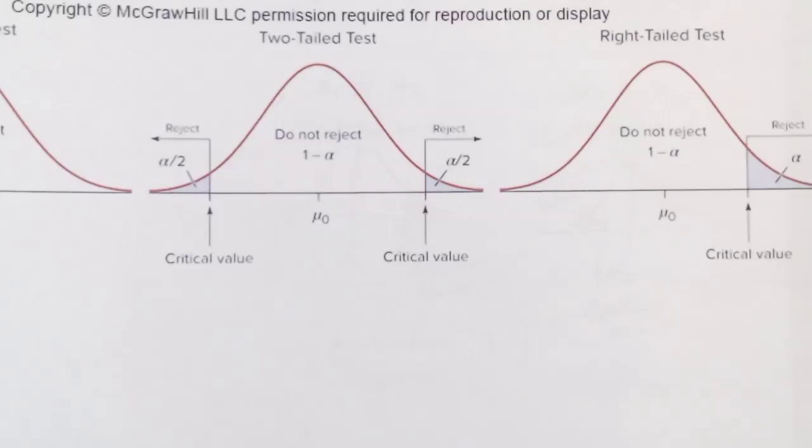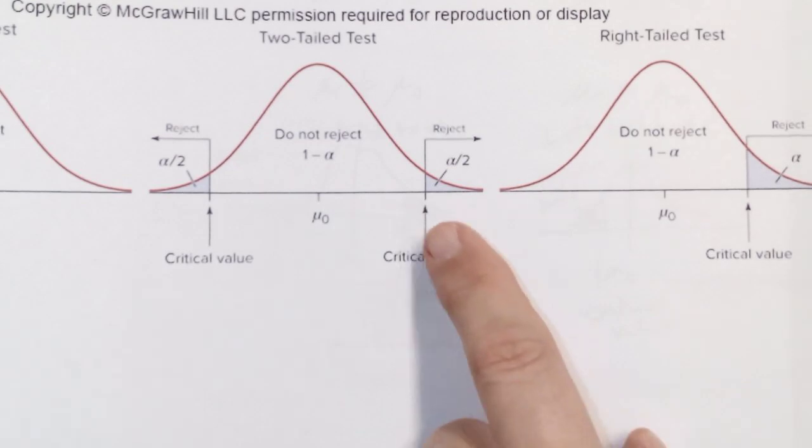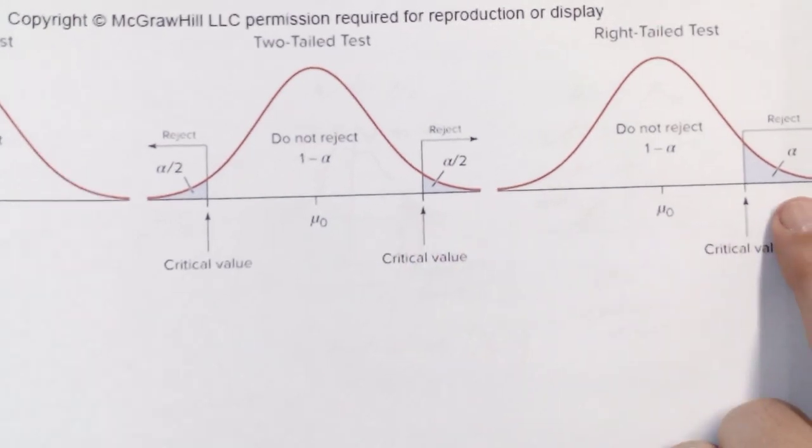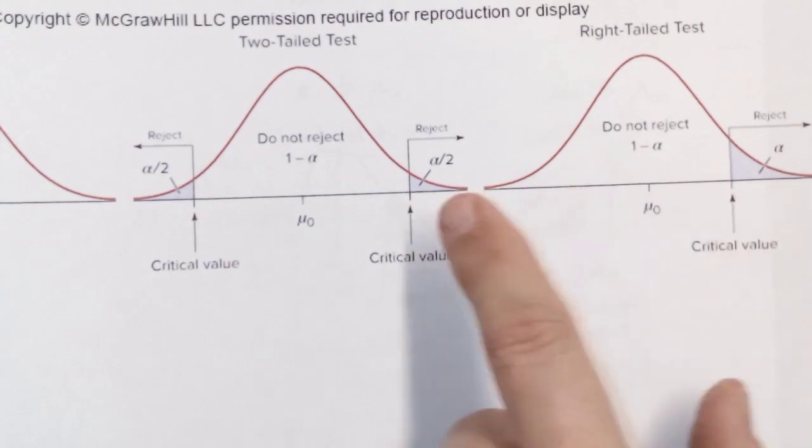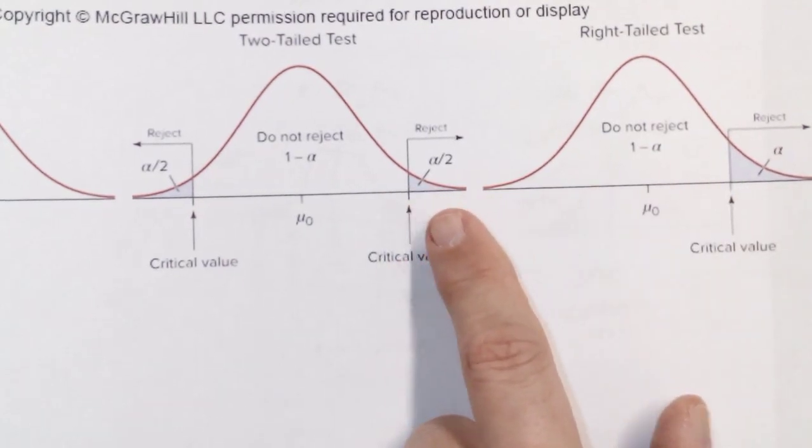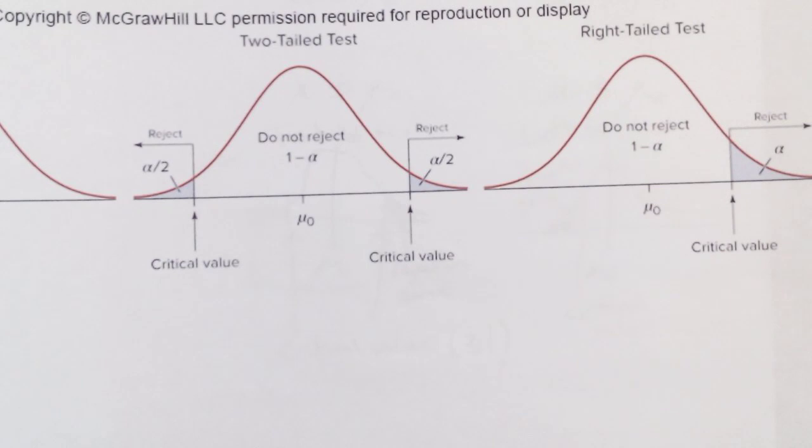Now, the difference between a one-tail and a two-tail. A two-tail creates a confidence interval. It says you should be in here. A one-tail just does half of the confidence interval, and it moves it further in because this tail is bigger here than it is here. So there's a lower threshold for one tail. There's a higher threshold for two tails.